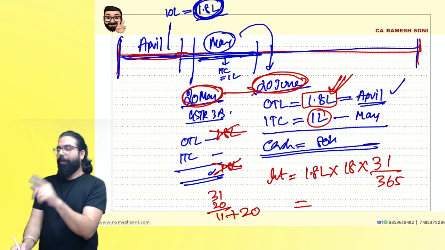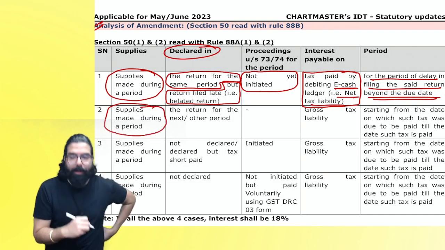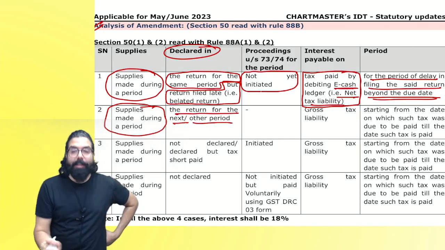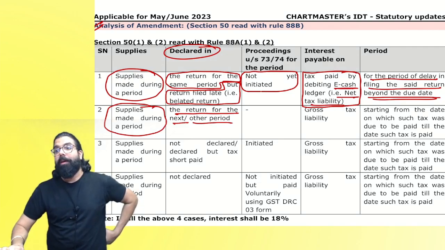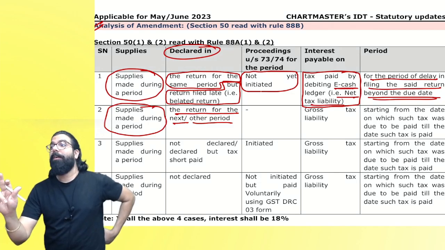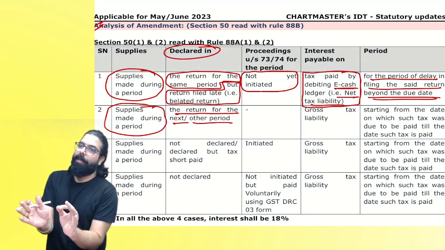Can I go ahead, everyone? See, I have told over here. Again, see here. Supplies of the month of April: if you declared them in the return of the next period or any other period. This month's sale, declared in this month's return only, then you go ahead and pay. If the return is delayed, pay on net tax liability. Can I go ahead?